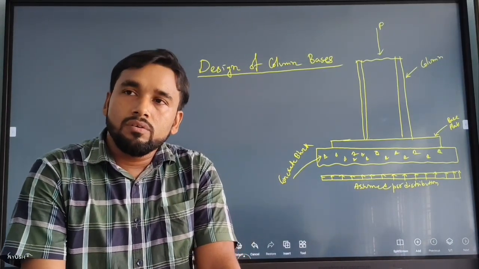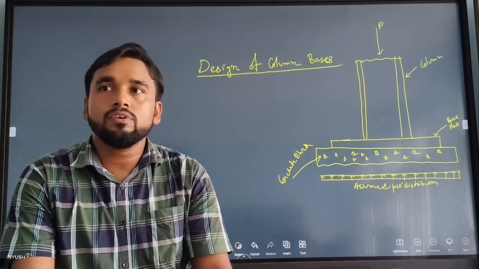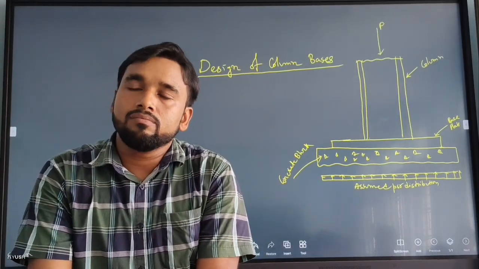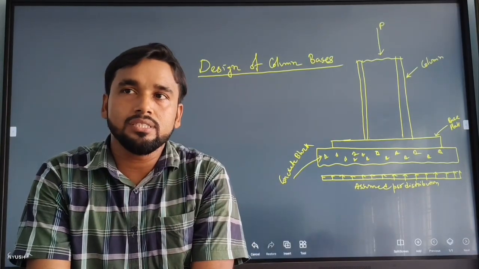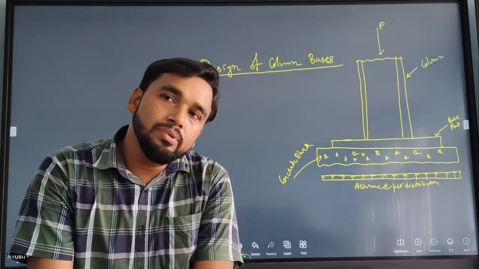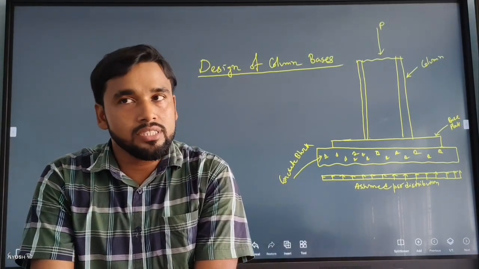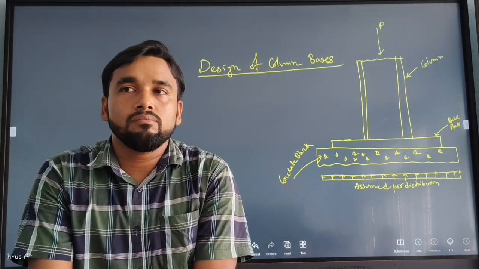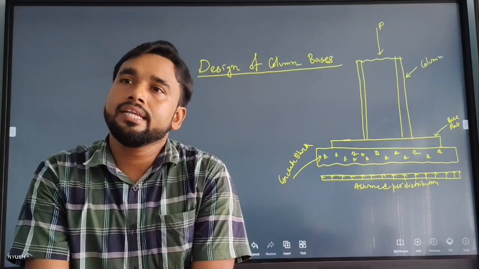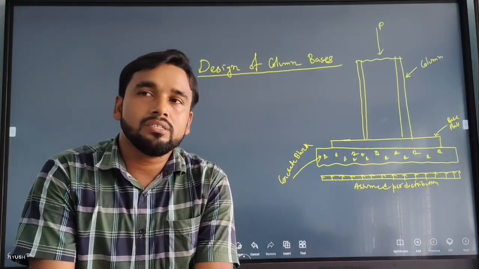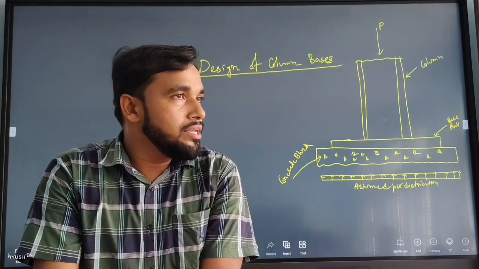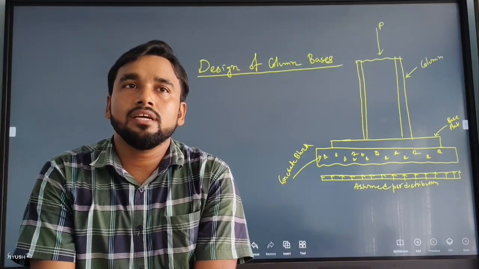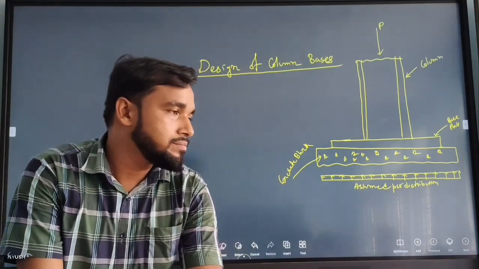That means in the first type, only the load is transferred directly, but in the second type, the column base is designed for some bending moment with direct loads. Today we will discuss only the axially loaded column.